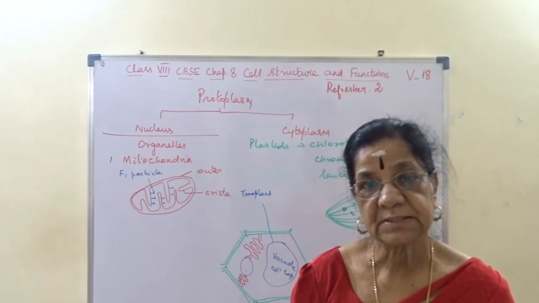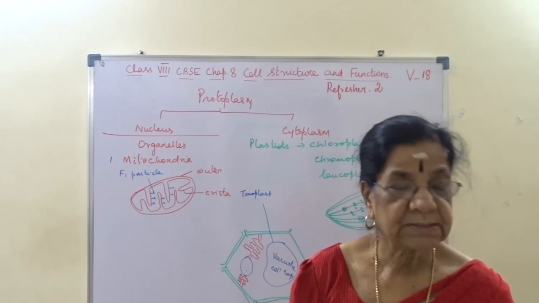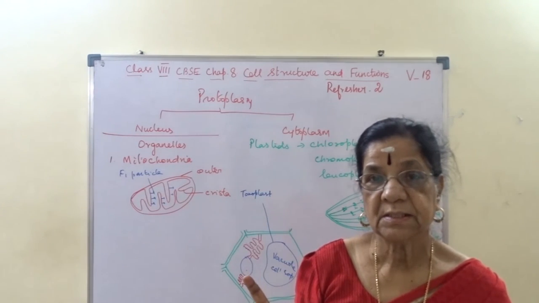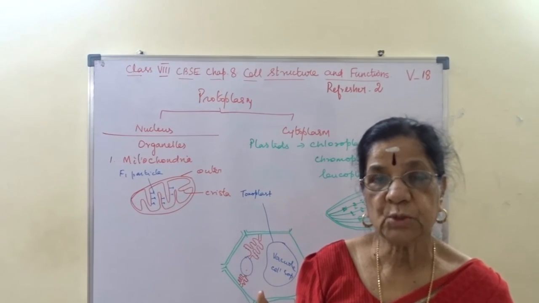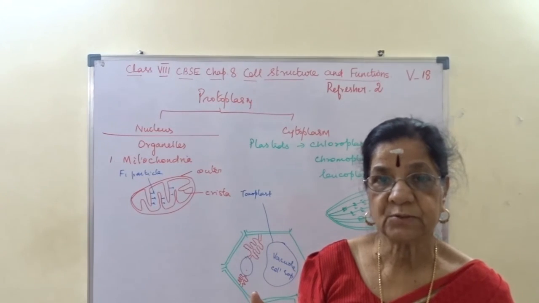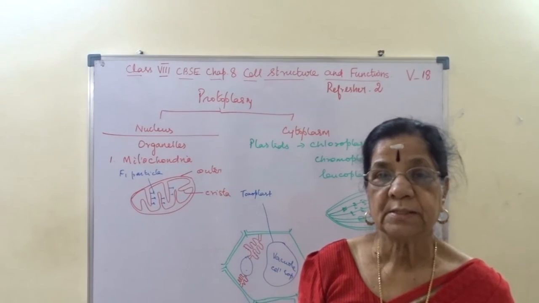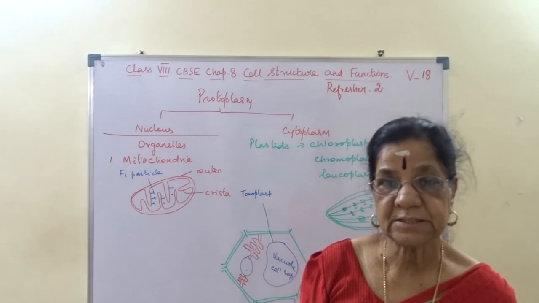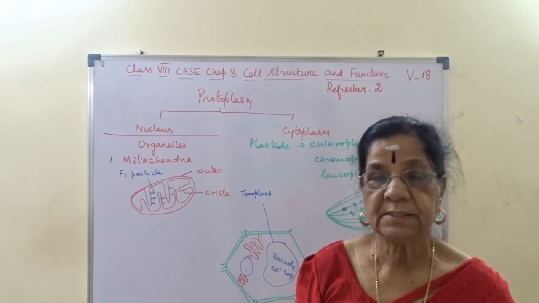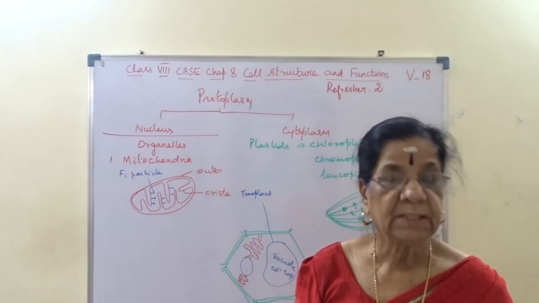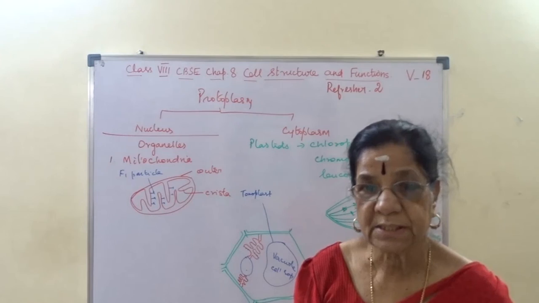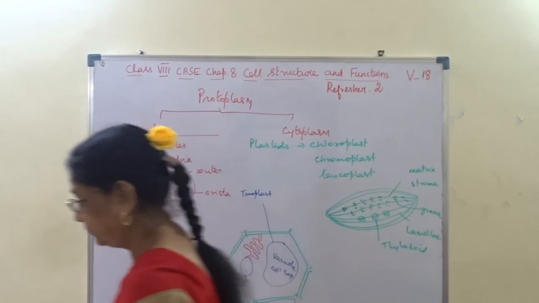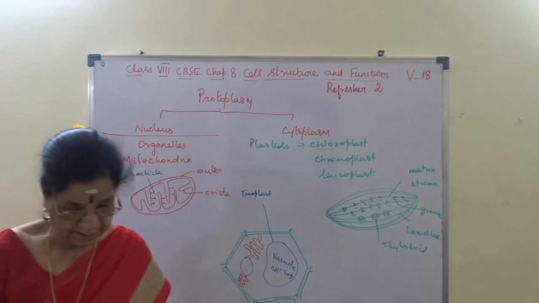I hope you remember this. The nucleus has nucleoplasm, nucleolus, and chromatin network, that is chromosome. That chromosome contains chromatin matter, which in turn has DNA, and that DNA in turn has genes. I hope you remember that. So this is given in our textbook, that you can recollect.